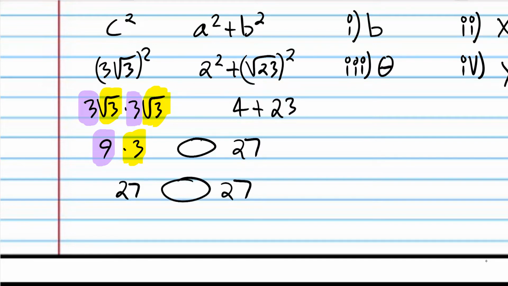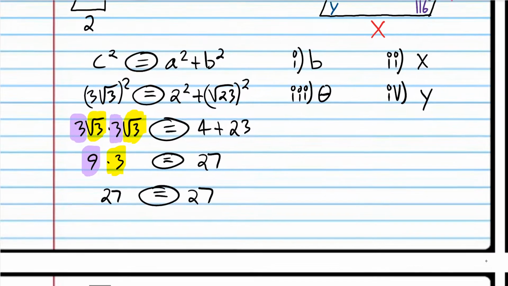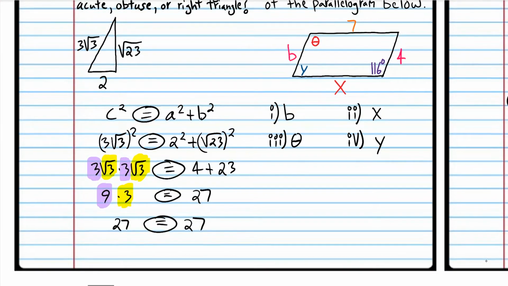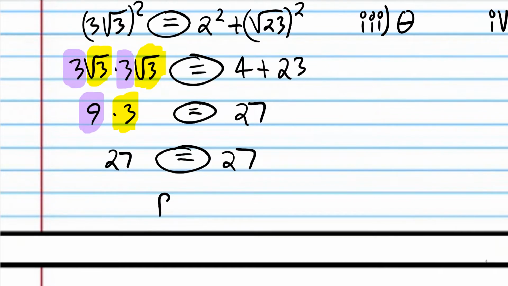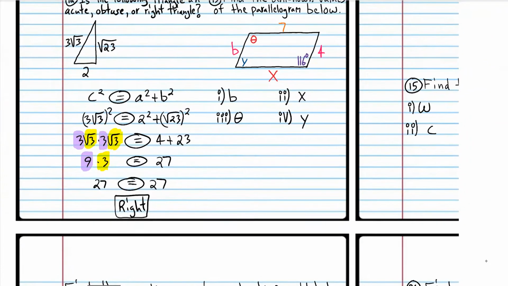And we write equals inside the bubble. And what that proves is that this is actually a right triangle. It's not acute and it's not obtuse. It's a right triangle. So we can just use the adjective right down there.